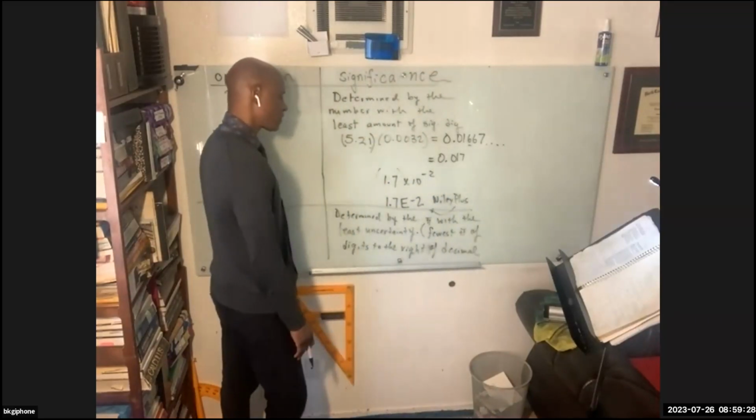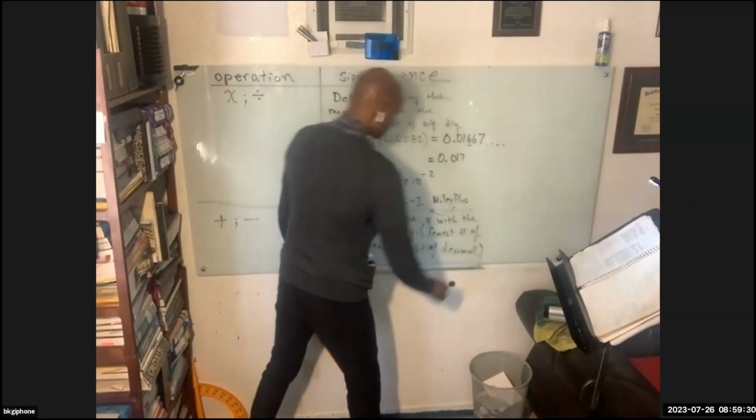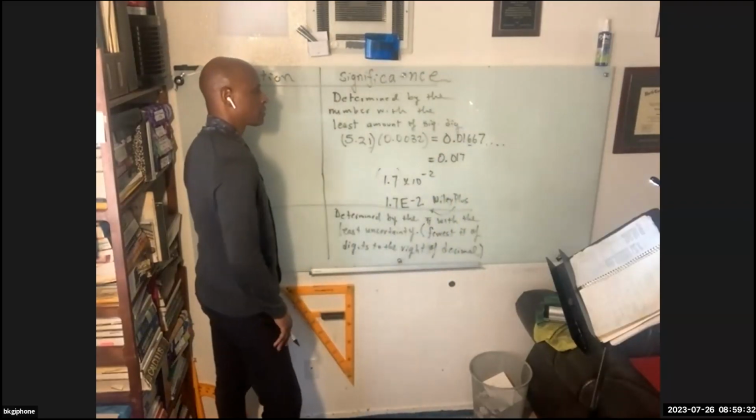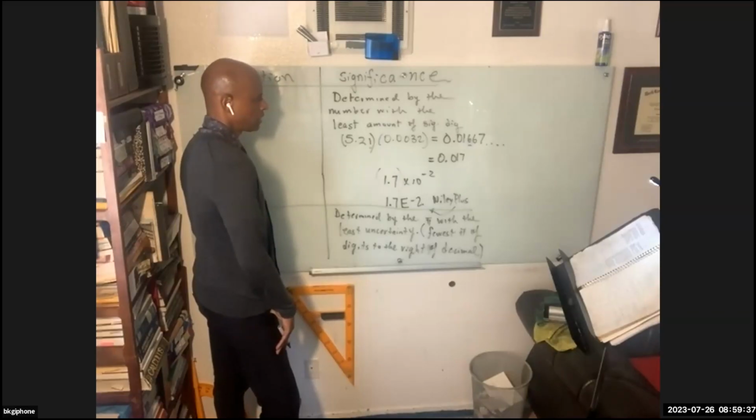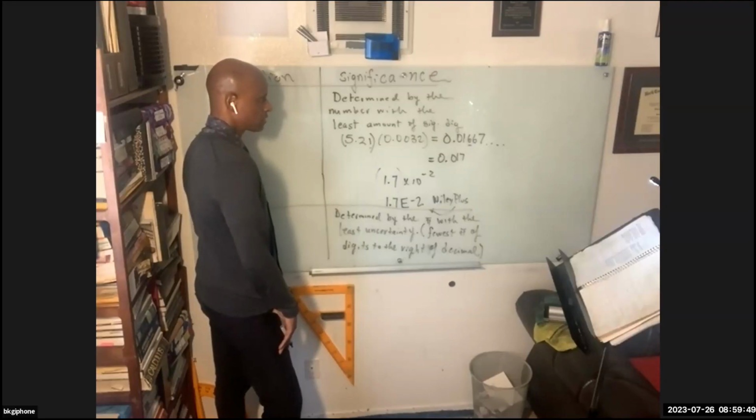Oh, I guess I just thought about it. If there are no decimals, then it's going to be the number with the fewest non-zero digits.